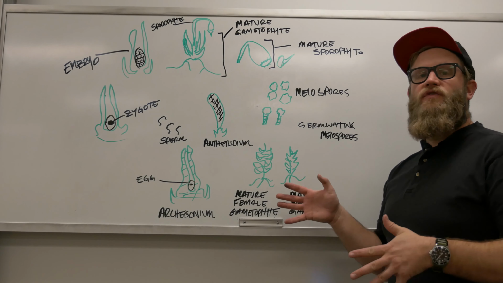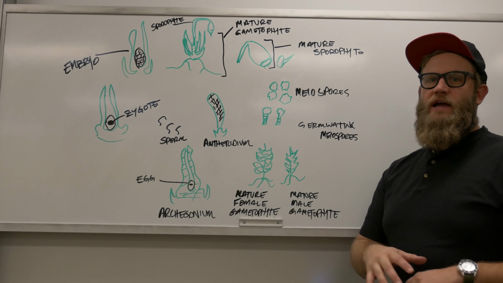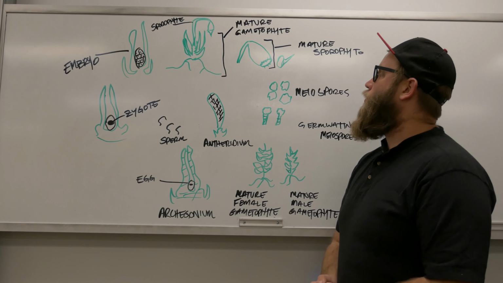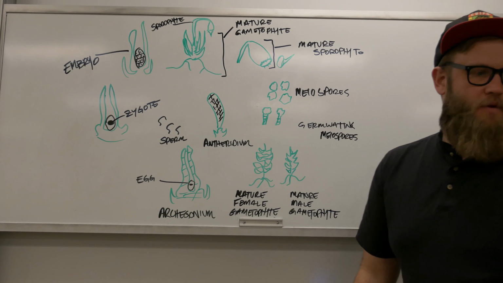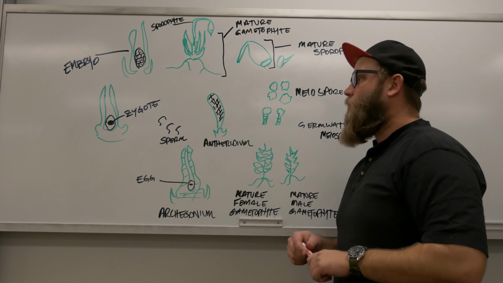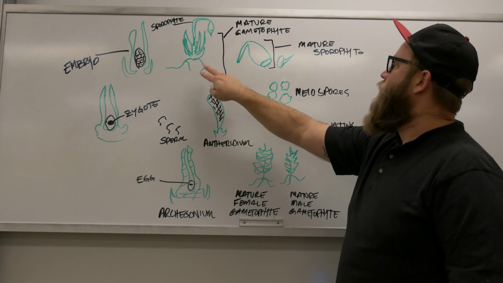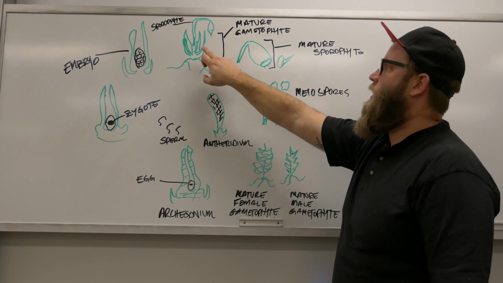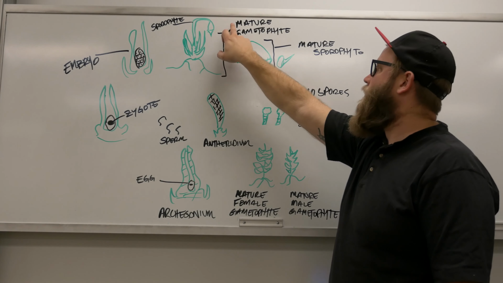Okay, this is a bryophyte, and we're going to go over its life cycle briefly. Okay, so we're going to start, where's my red pen? We're going to start here where we've got a mature gametophyte with a sporophyte coming out of the top of it.